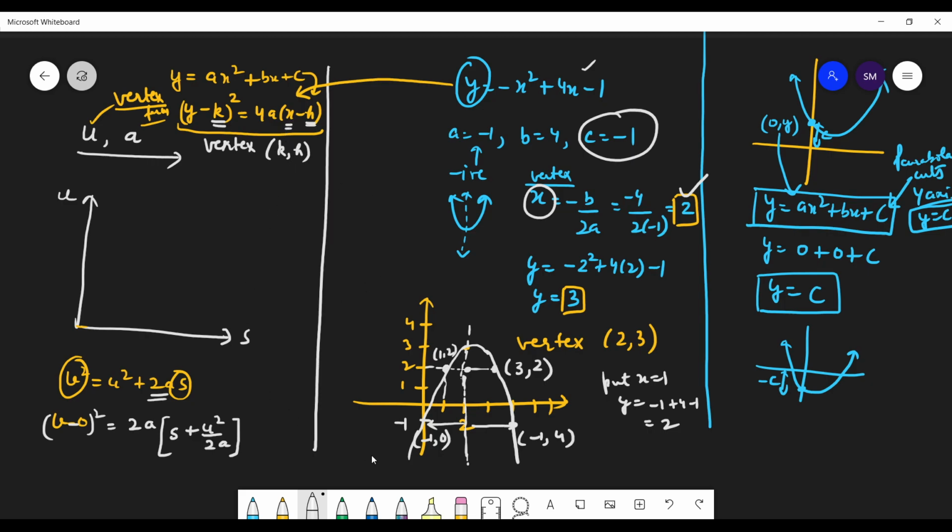Students, see, while writing the vertex, we have not paid attention to one point. This x is with h, so x will be your h, the point with h, and the point with y will be your k.